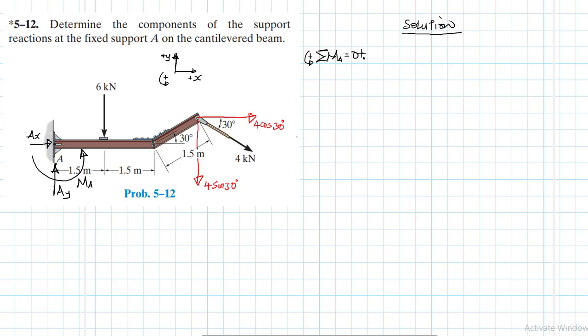We are going to have a negative clockwise moment due to the 6 kilonewton force, so it will be 6 times 1.5. There is also a horizontal distance here that I need to calculate, and I calculated it in advance.